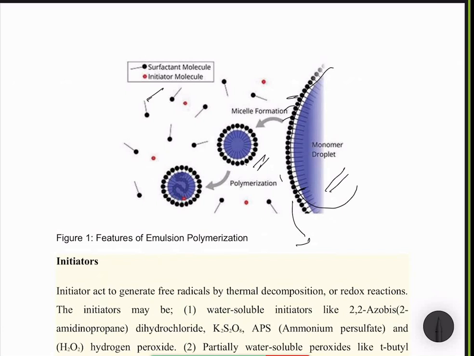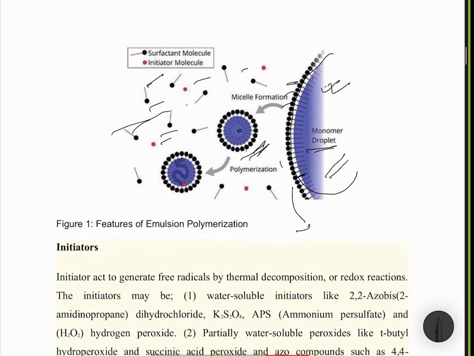These micelles also contain some monomer inside, so we have these monomer swollen micelles. If you compare the size, the monomer droplet is of much bigger size as compared to the monomer swollen micelles, and these are the other dispersed surfactant molecules present in the dispersion medium, or water. We also have the water soluble initiator molecules present in this water.